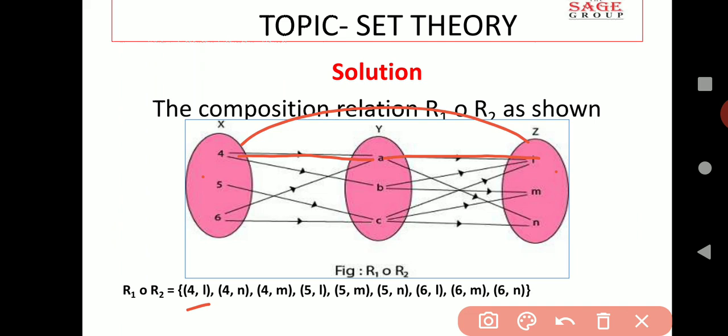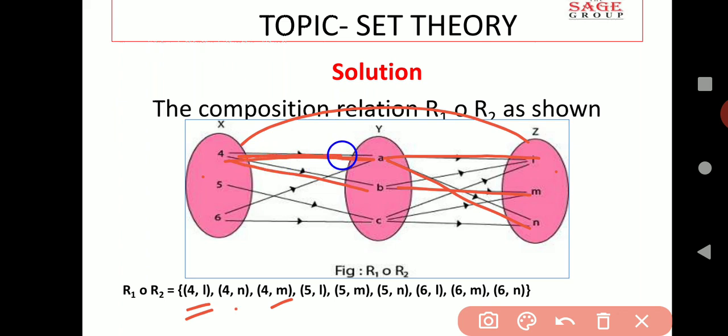Now second, (4, b) and (b, m), so we get (4, m). Next, with 4 we have (4, a) and (a, l) again, so (4, l) is a repeated value. Now see what relation is made with n.